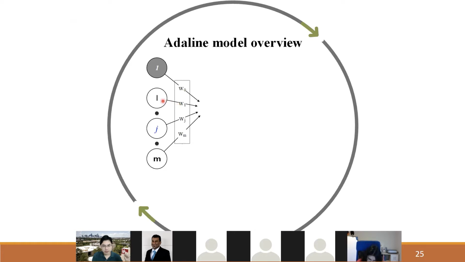If there are m columns in the x input data set, there should be m weights associated with each. Plus, there is a bias. The bias is associated with the one term, which is always one.